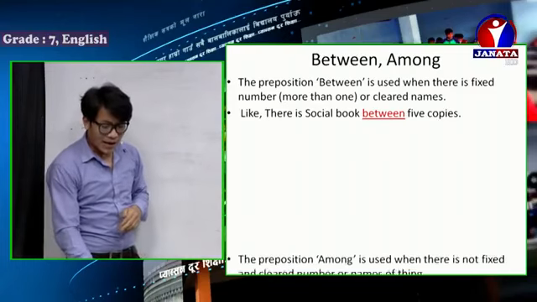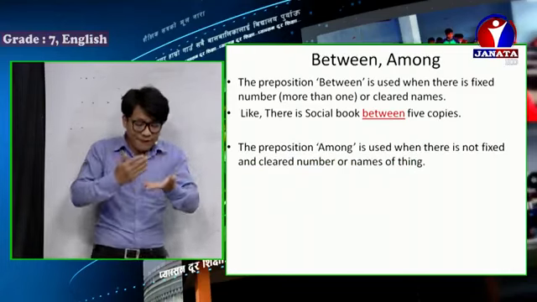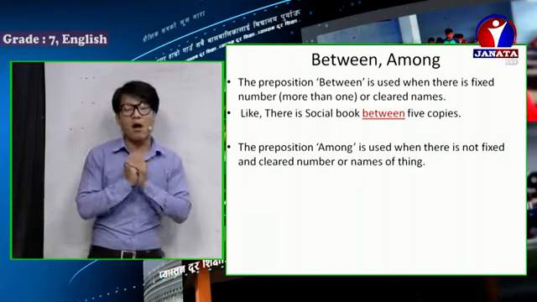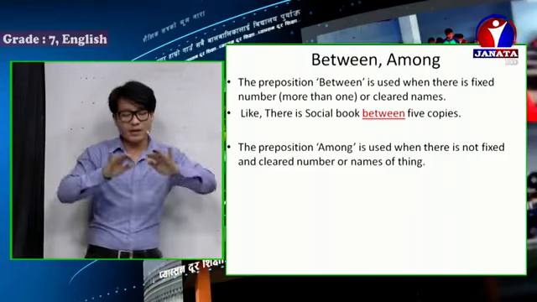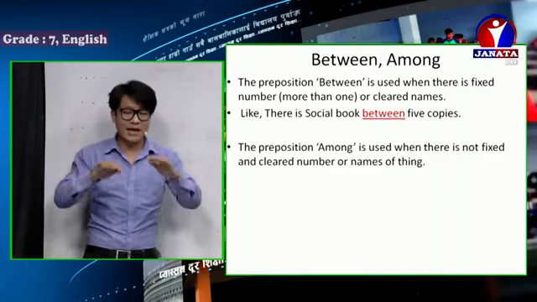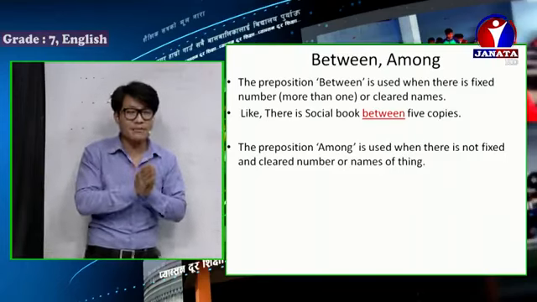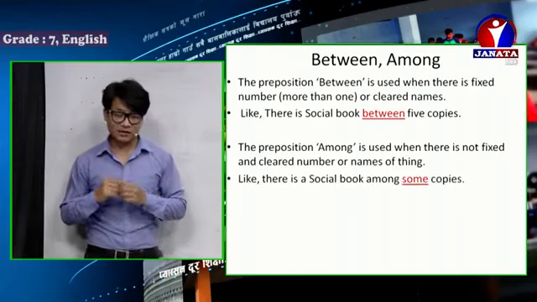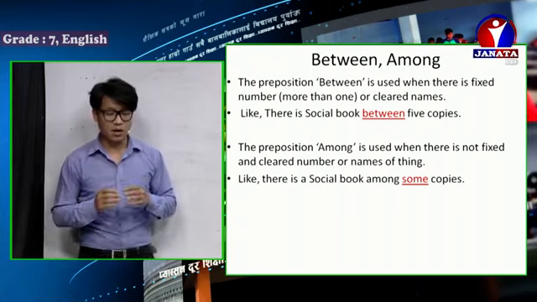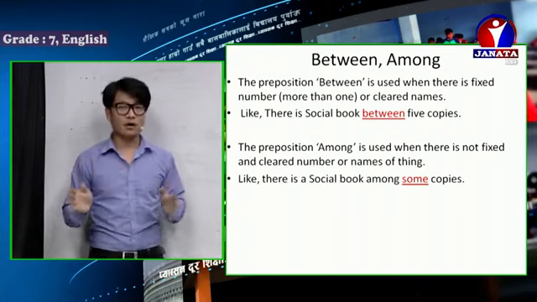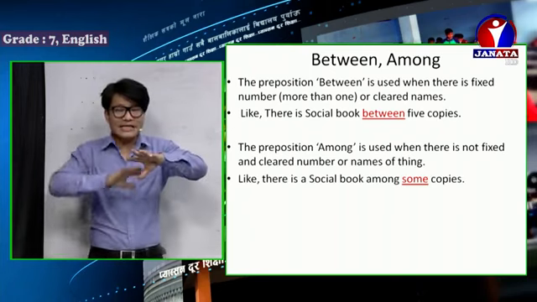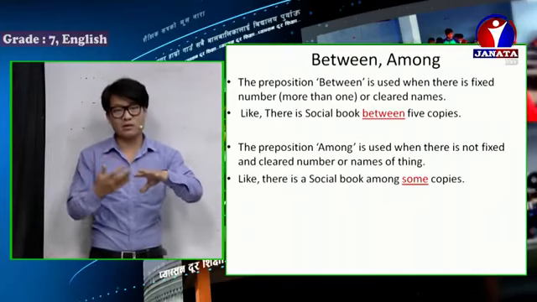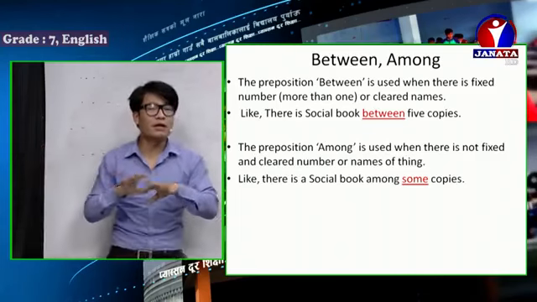Okay? Now what will it be when there is not a fixed number or a fixed name? The preposition among is used when there is not a fixed and clear number or names of things. Like for example, there is a social book among some copies, because some is not a fixed number. Some can be anything, like 2 also can be, 3 also can be, 5, not an exact number.